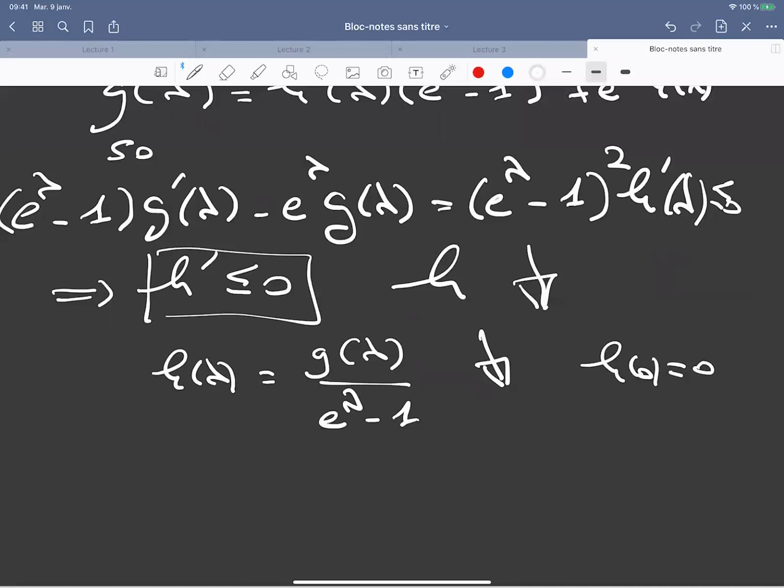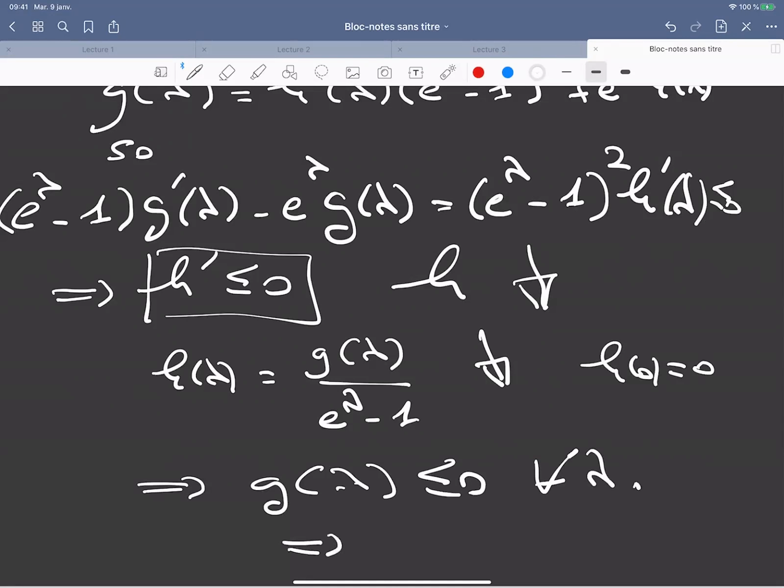And so this gives you the fact that, of course, since exponential minus 1 is positive for positive values of lambda and negative for negative values of lambda, this implies that J is always non-positive for all values of lambda. And this is exactly the conclusion. And the result is proved.